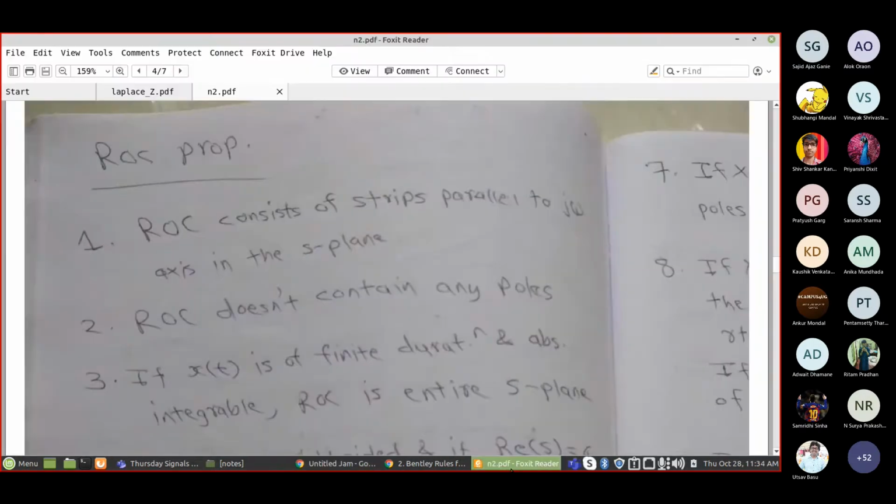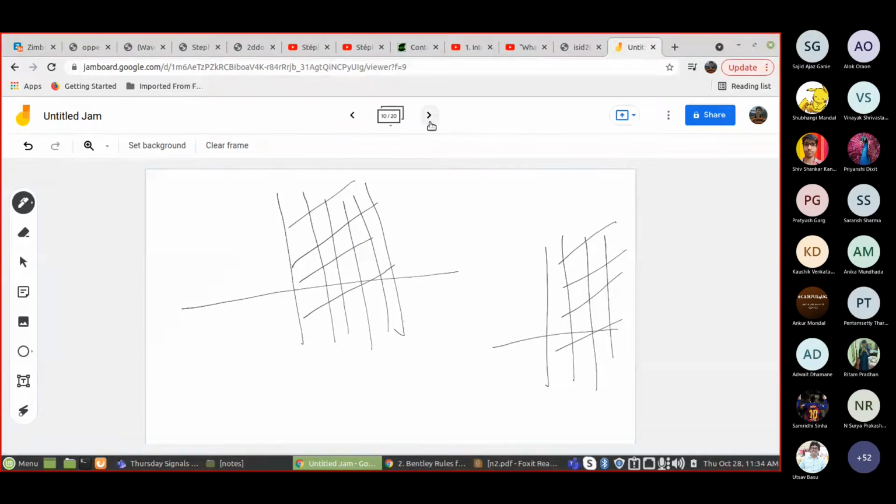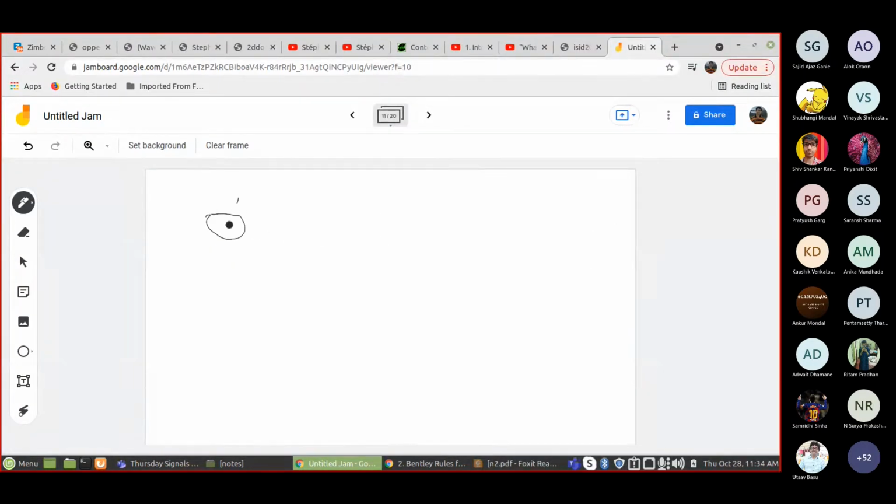This is what we mean by ROC consists of strips parallel to the j omega axis. Okay. So ROC can be empty. It can be the entire complex plane if there are no poles, or it can be this right half plane. You take some P1, everything to the right of that is your ROC.